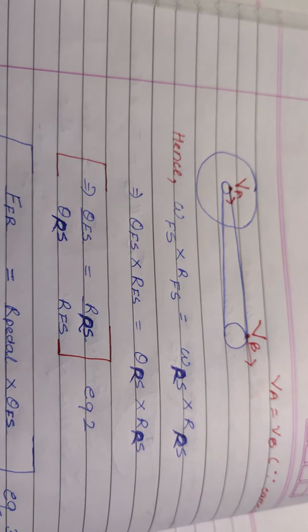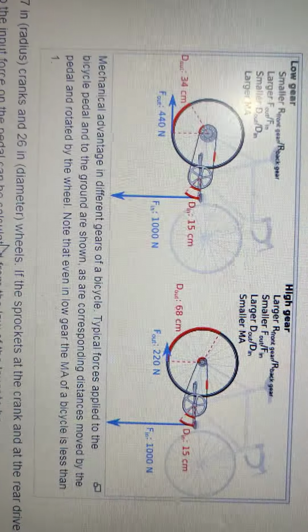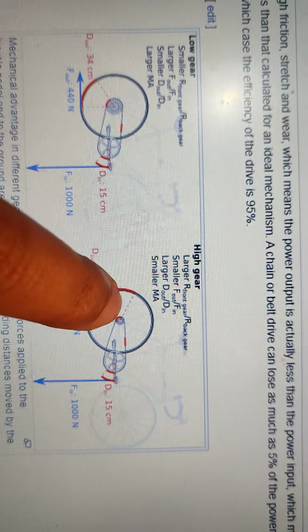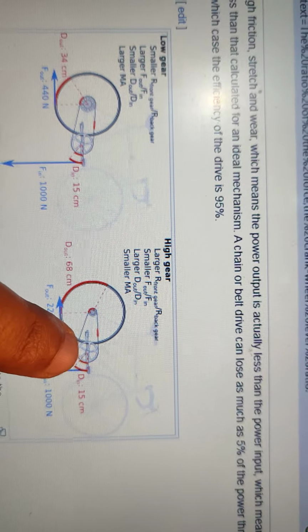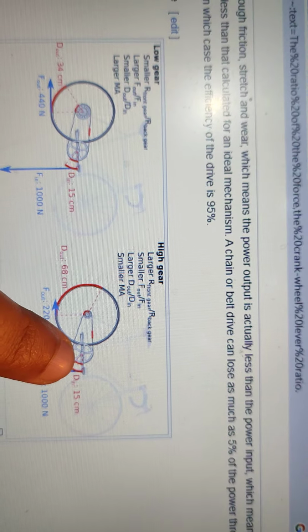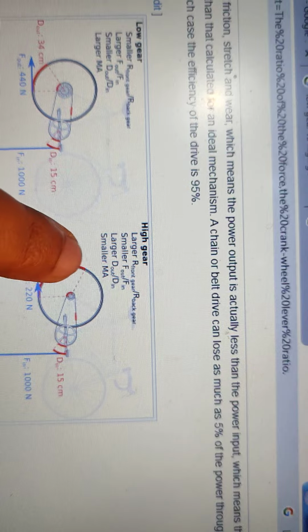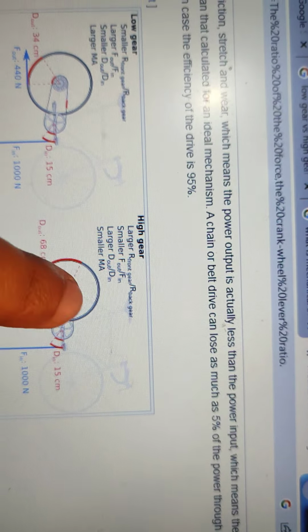Let me just show this to you using a diagram. And here is a diagram. As you can see, in this case, the rear sprocket is a very small one and the front sprocket is a very large one. So what do we see? When the front sprocket is much larger than the rear sprocket, then you have more angular displacement for the rear wheel, right?